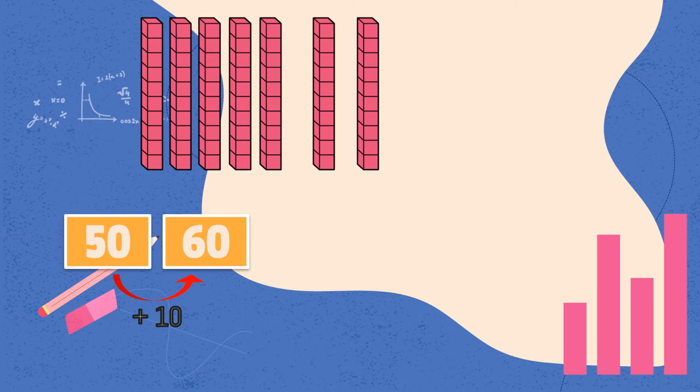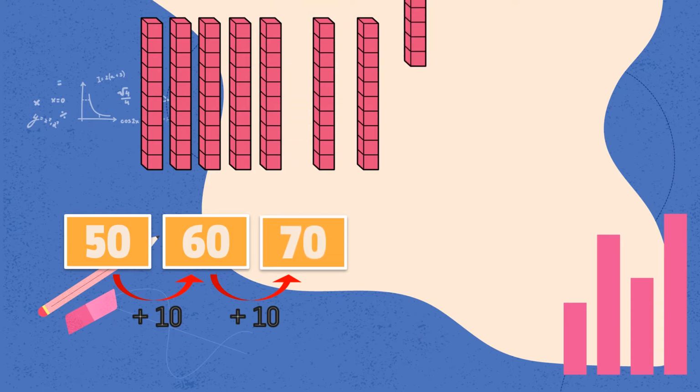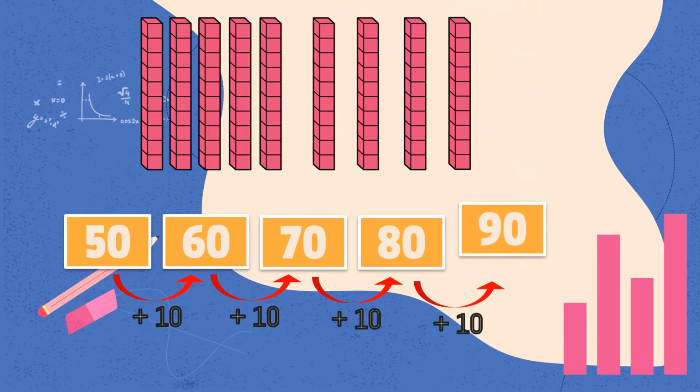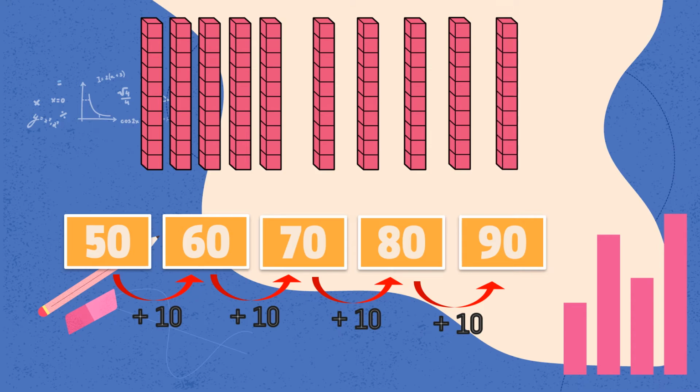Next, we add another block of tens, means add tens and become 70. We add another 10, and next number becomes 80. Another 10 becomes 90.